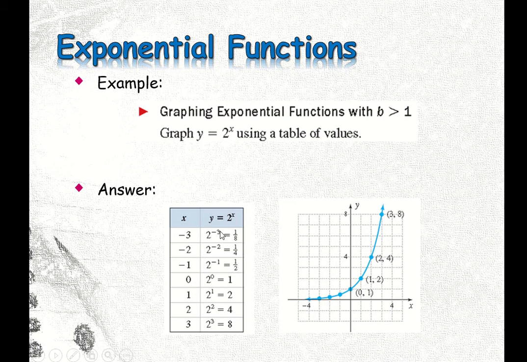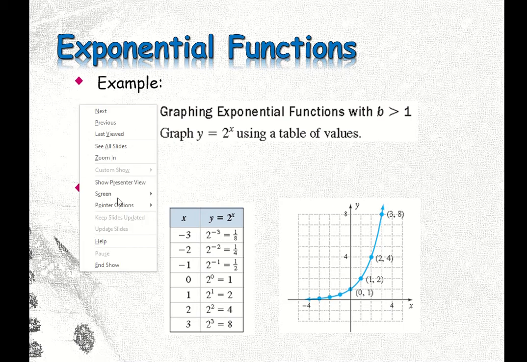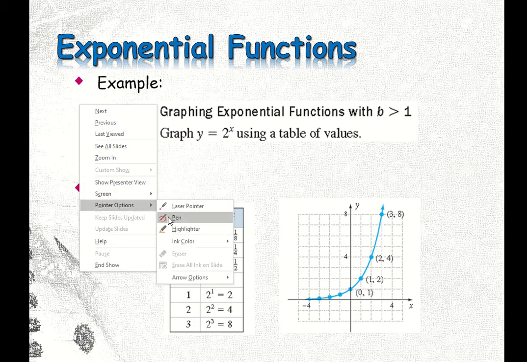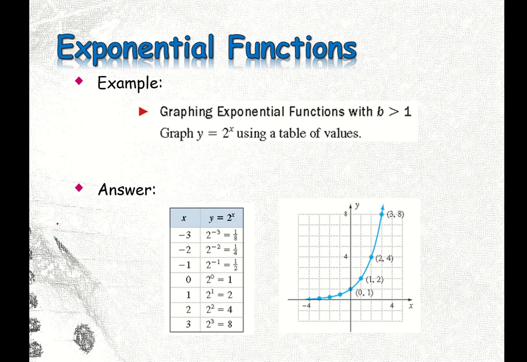Using the property of exponential functions, b to the power negative n is equivalent to 1 over b to the power positive n. So we're using this property.